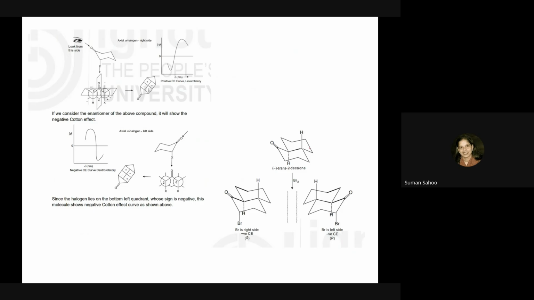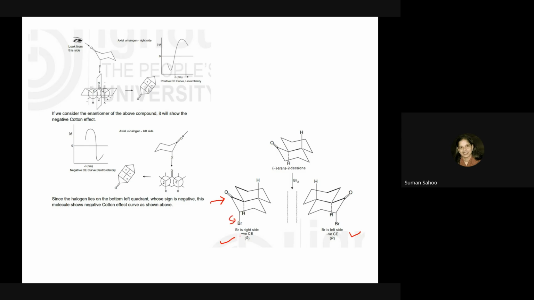For example, in this trans-2-decalone, which after bromination gives a positive Cotton effect, you can easily denote its configuration. It can either give this compound or this compound. If it is giving this compound, then it would give you a positive Cotton effect, because you are viewing from this side and bromine is on the right hand side.